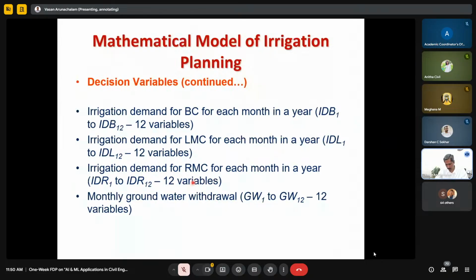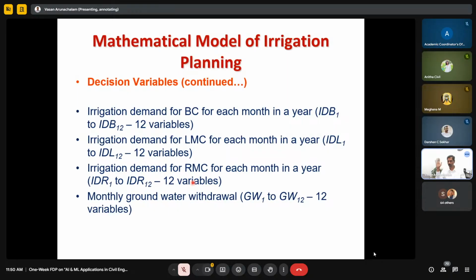And we also see, as a usual instance, when we go around all these command areas, people don't always rely only on these particular variables, right? They also use groundwater withdrawal, which we commonly see.